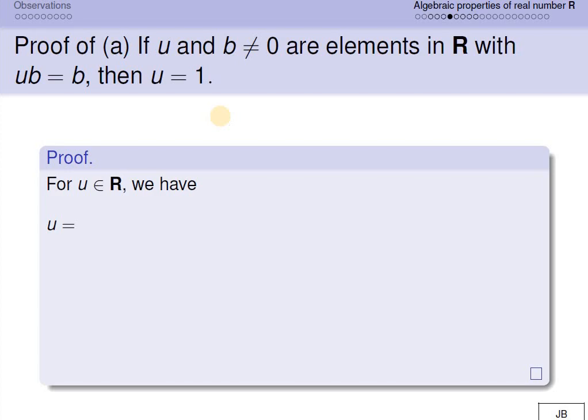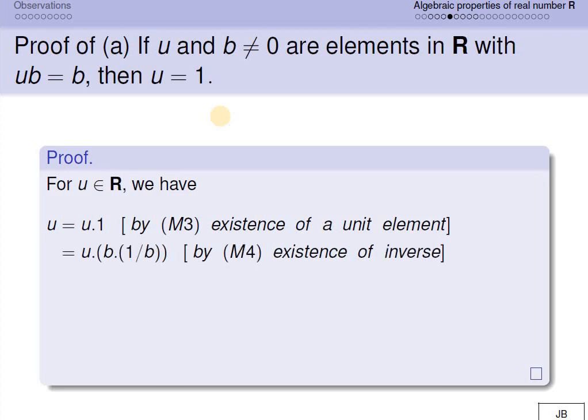So you start with u equal to, using the property number M3, existence of unit element. I can write u equal to u into 1, and 1 can be replaced by b into 1 by b, because b is not equal to 0, so I can talk about 1 by b.